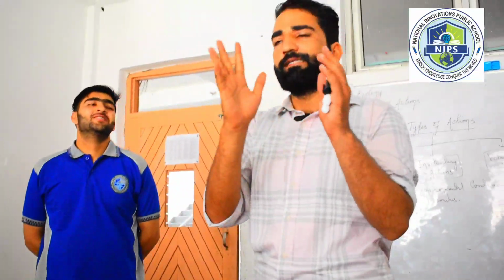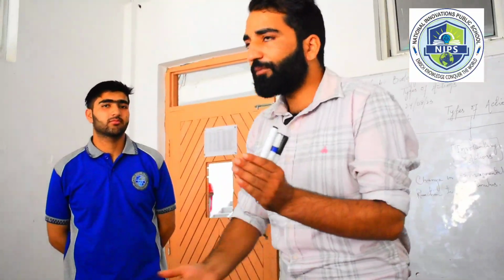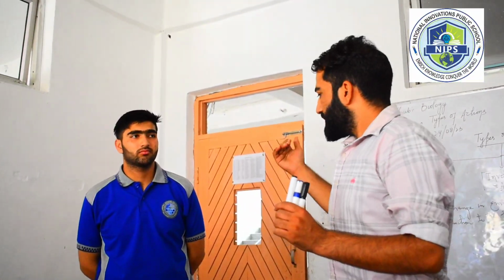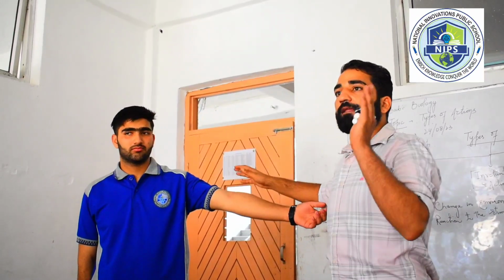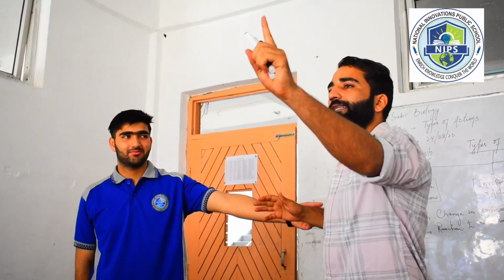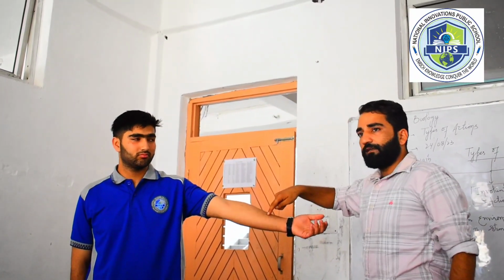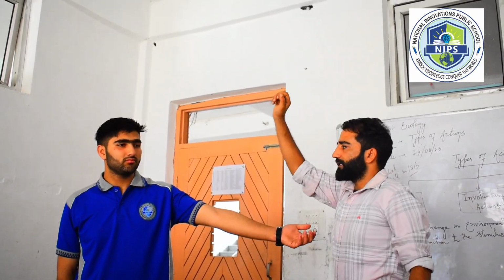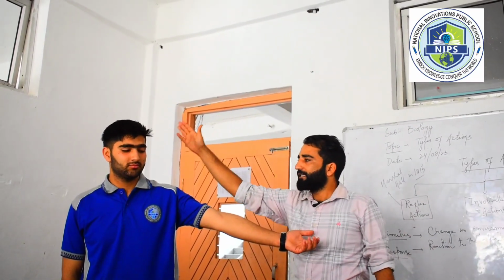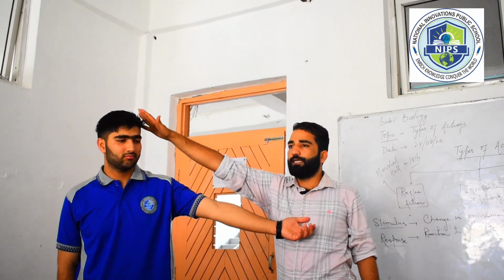What happens in reflex action generally? The whole process, just as we did with Uzair. Now we need to skip one thing. The neurons will take the stimulus towards the central nervous system. So we are in the central nervous system. We have spinal cord, we have brain.